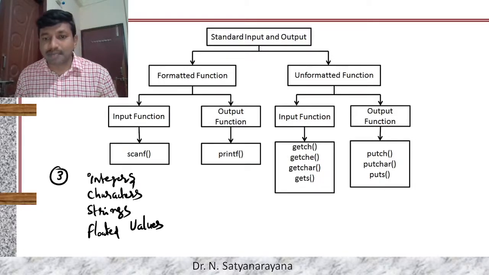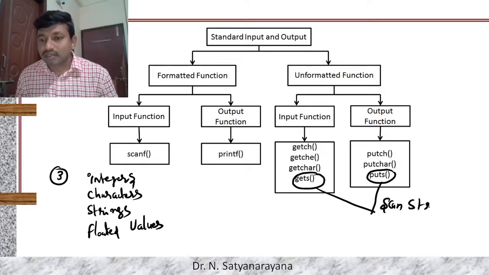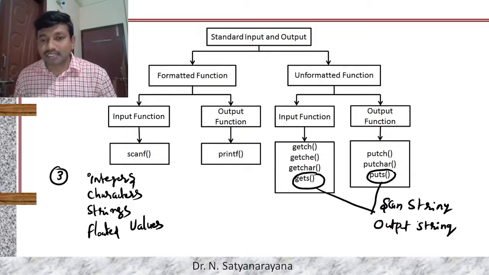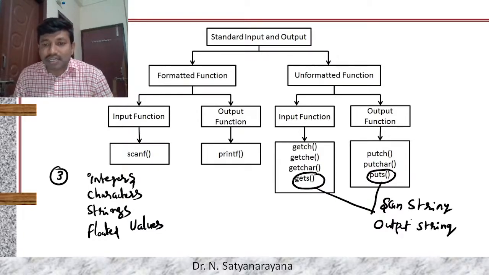Whereas apart from this, gets and puts are used to scan a string from the keyboard and output a string on the monitor. So gets is used to scan a string from the keyboard, and puts is used to print a string on the monitor.